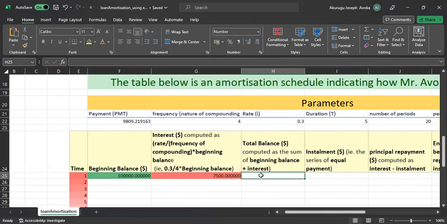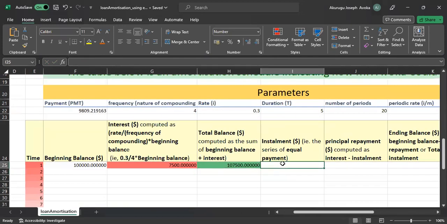Now, total balance is usually equal to the beginning balance plus the interest. Then you can get this. Then installment. Installment is equal to the payment, so we copy this value, then hit enter.